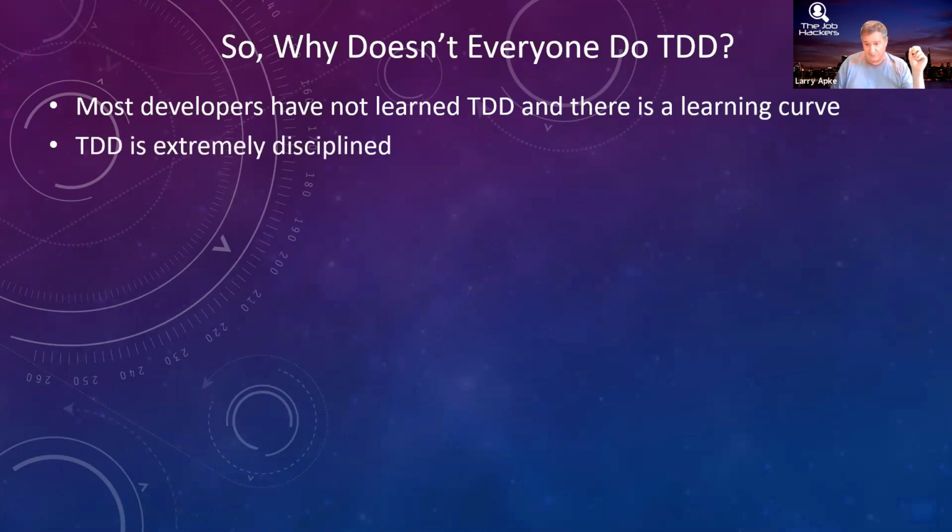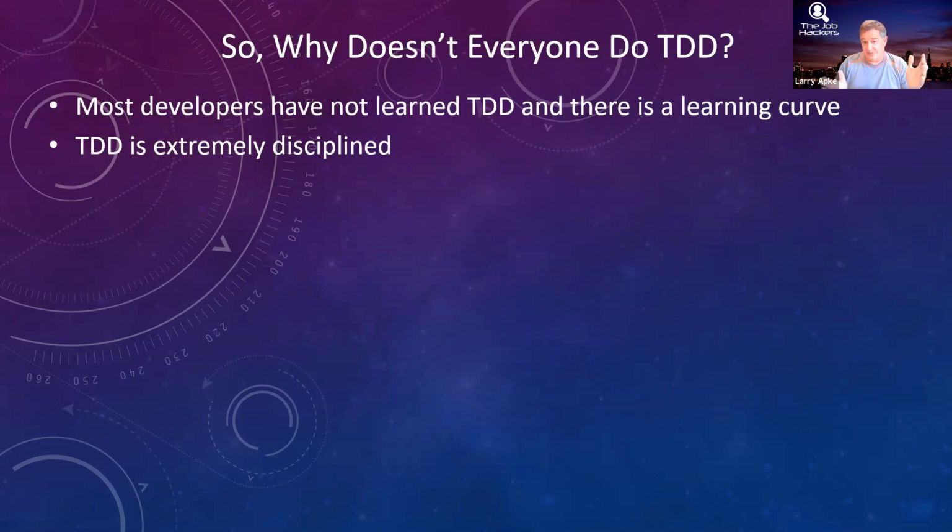It's very disciplined. Extremely disciplined. Not only do we sometimes have ego problems in the software development world, but we also aren't the most disciplined folks, are we? Maybe your experience is different.